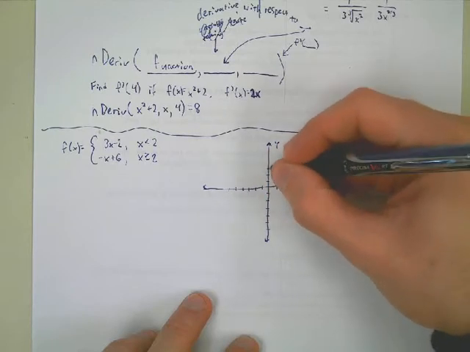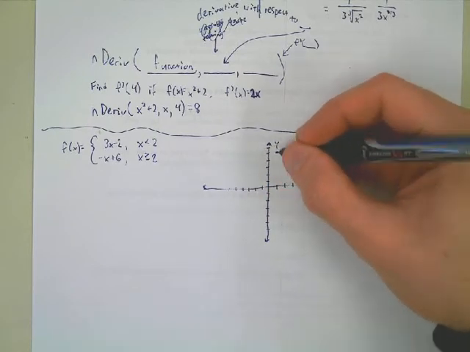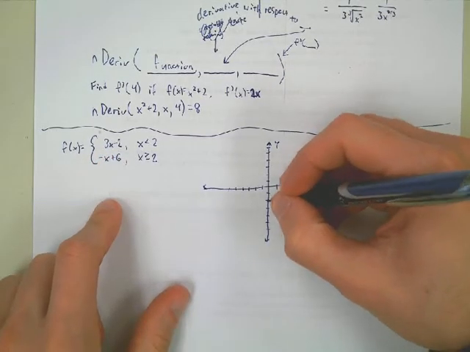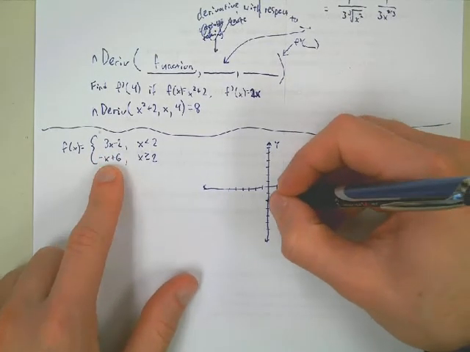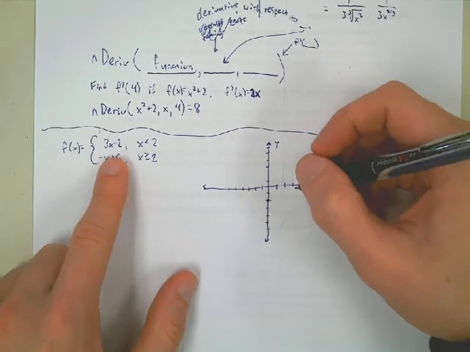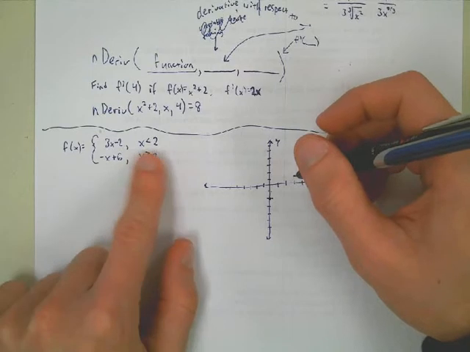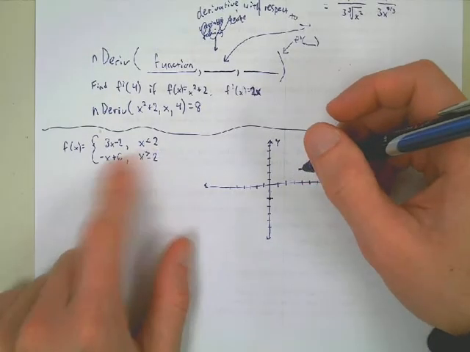So 3x minus 2, for x less than 2. I'm going to go ahead and graph this piecewise function, something we should be comfortable with, right? So this piecewise function switches at 2. So I'm going to graph the endpoint of this piece.